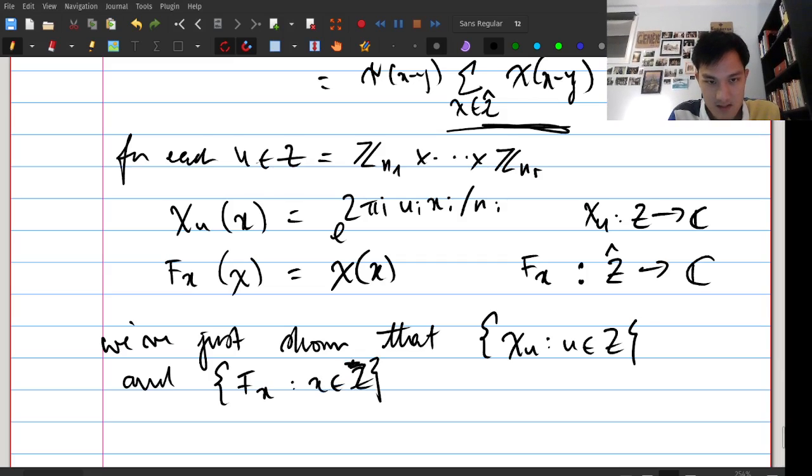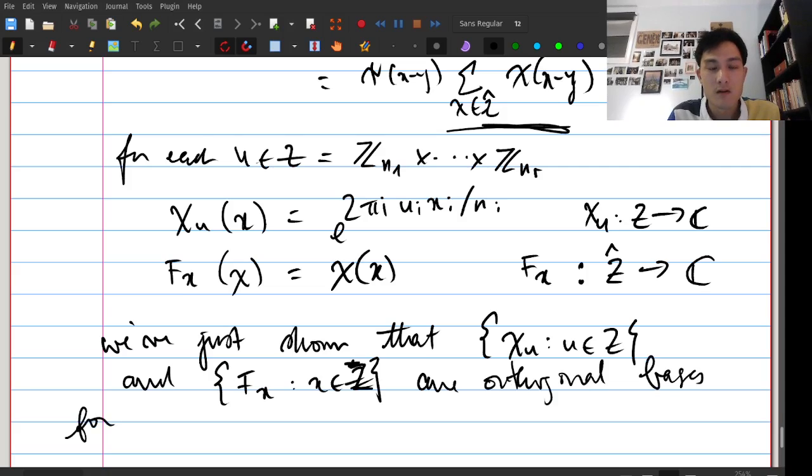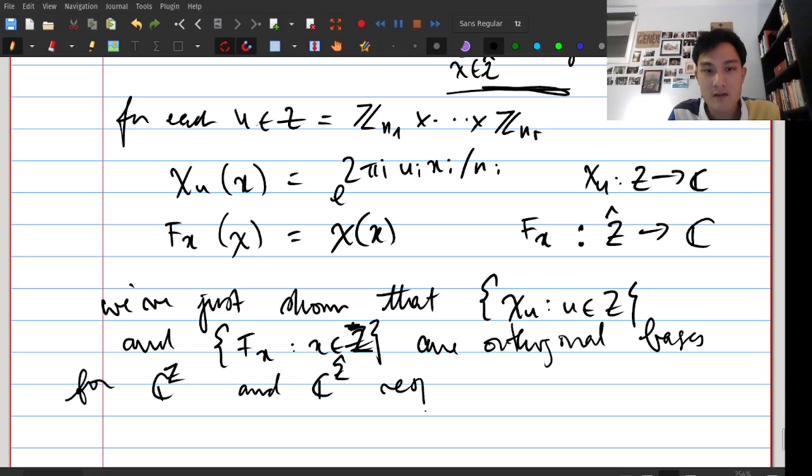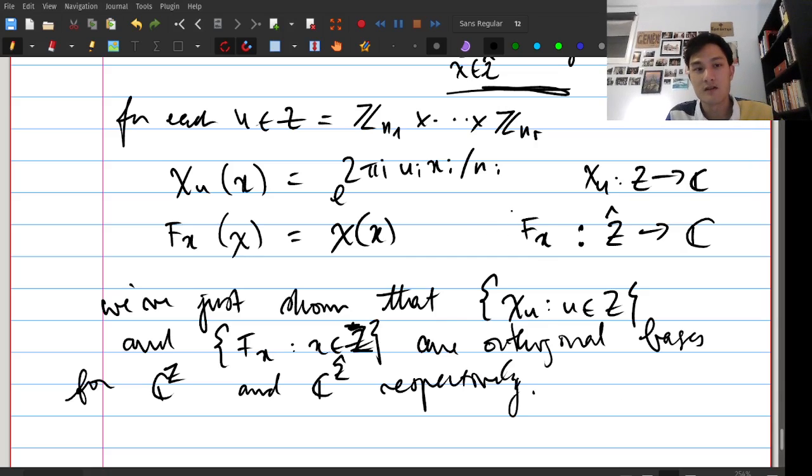Z, not Z hat, are orthogonal sets, and they're bases, for C to the Z and C to the Z hat, respectively. Okay, so we showed that they're orthogonal. In fact, the first one is orthonormal.